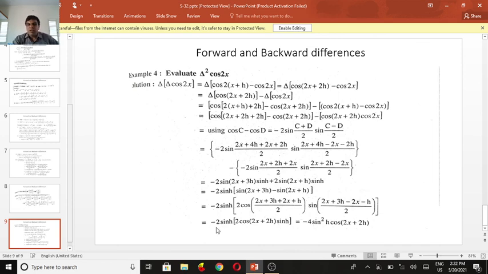So we get minus 2 sin h, 2 times cos of (4x plus 4h) by 2 into sin of (2x minus 2x cancelled, 2h) by 2, which is sin h. Totally we get minus 2 sin h, 2 times cos of (2x plus 2h) into sin h. So finally we get minus 4 sin square h cos of (2x plus 2h). This is the value we get.